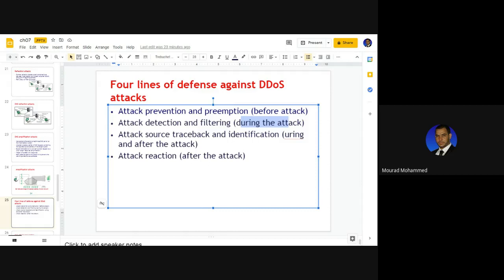Detection, the attack is in action. Okay, trace back the source. We are going to make a malware analysis, to see if our framework is already vulnerable or there is a malware already residing in our network.